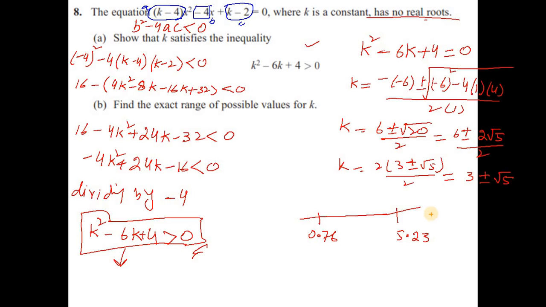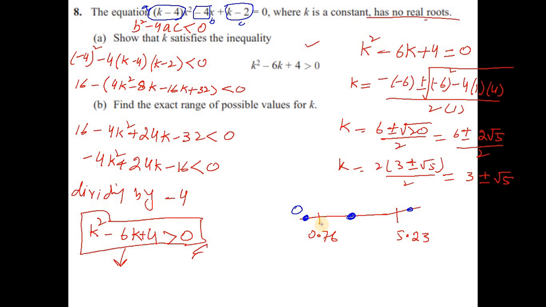So we choose a test point in these intervals: some point less than 0.76, a point between, and more than 5.23. I will say this is my left interval, this is my middle and the right interval. For the left interval, I will choose 0, which is less than 0.76. This is my test point.